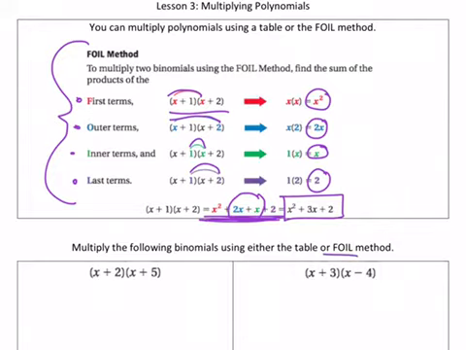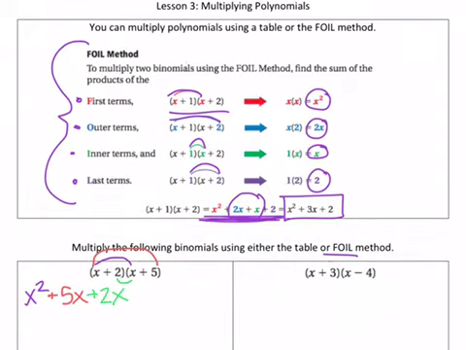So remember the FOIL method. The first thing you do is multiply the first terms. So we have x squared. Then the outer terms. So that is x times 5. Well, that's a positive 5x. Then we have our inner terms, which is 2 times x, which is a positive 2x.